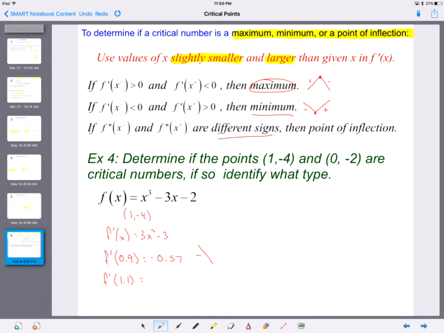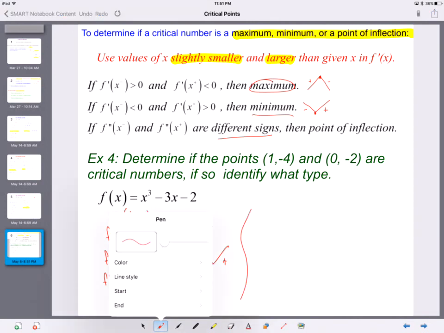At 1.1, the slope is 0.63. So now, after 1, it's going up. Well, if that's the case, then what's happening? That means that the point (1, -4) would be a relative minimum value, because the slope is going from negative to positive. And that's how you kind of prove or show that it is a minimum.